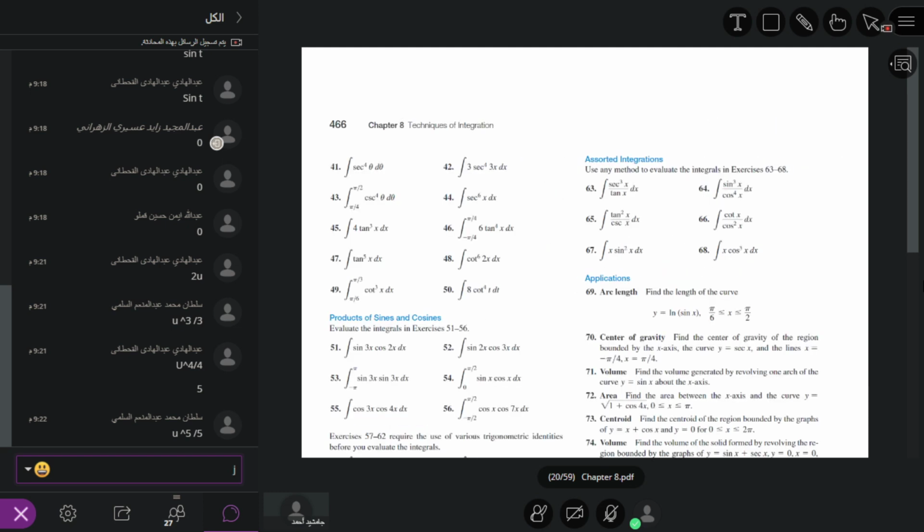Whenever we use this formula, half goes outside, and this becomes cosine minus x plus cosine 7x.